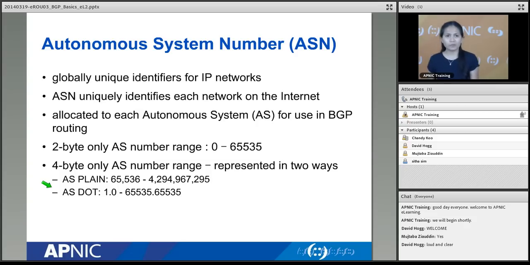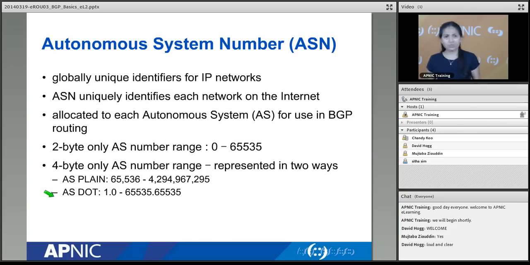Your range will be from 1.0. Essentially what you're doing here is splitting up your 32 bits into two 16-bit groups, and then converting that into decimal. So your 4.3 billion here is actually 65535.65535. All 16 bits set is 65535, and you do that for the other group.